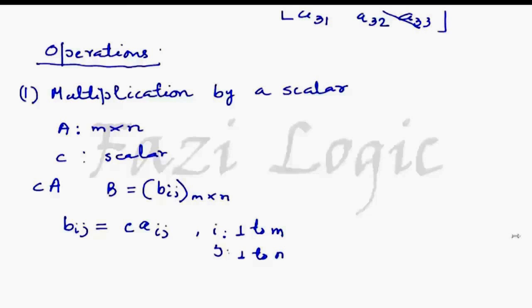That is, we multiply each element of the matrix by the scalar c.